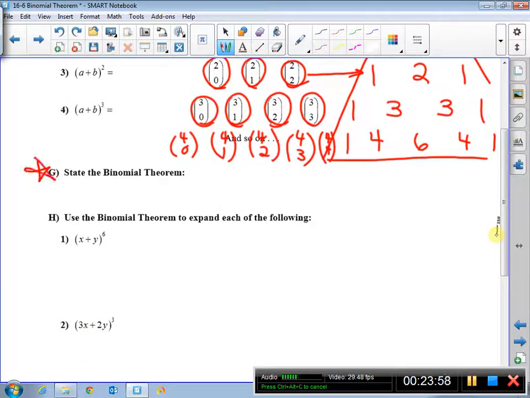All right, amigos, the binomial theorem is actually on your reference sheet.